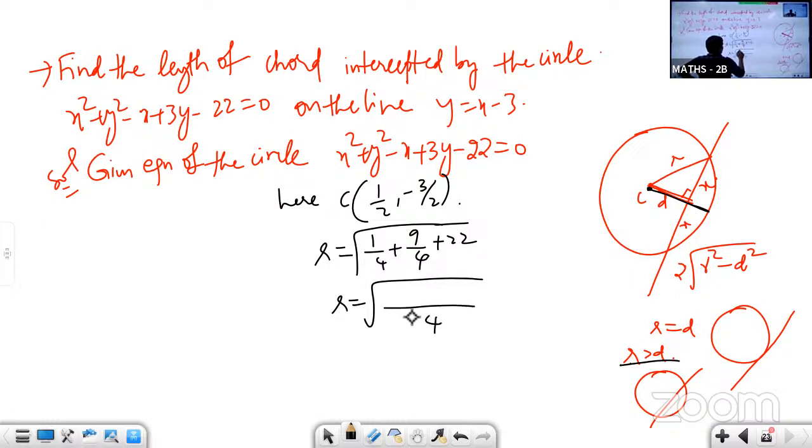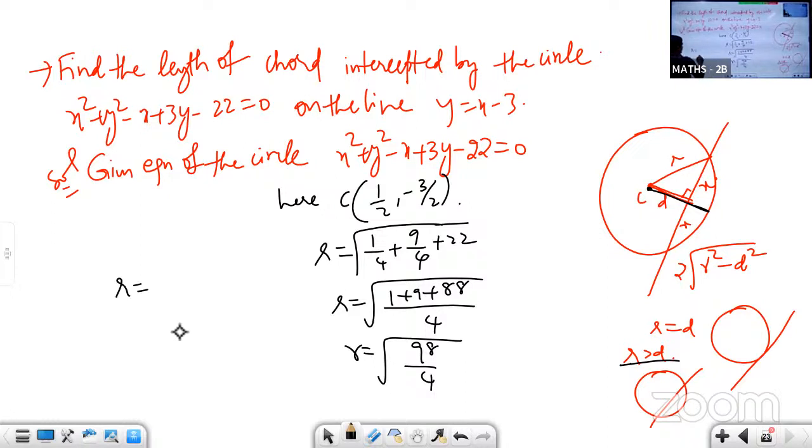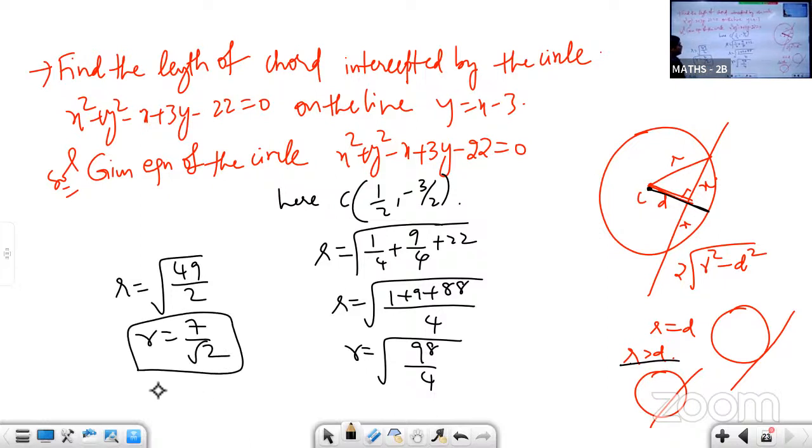Total LCM is 4: 1 plus 9 plus 88, 9 plus 1 is 10, 88 plus 10, total 98 by 4. So radius r is equal to under root of 49 by 2, which means r is 7 by root 2. We got r.